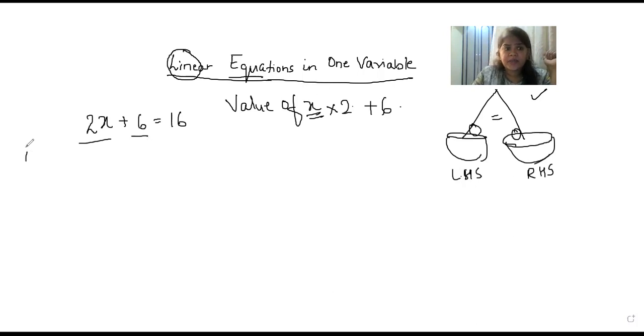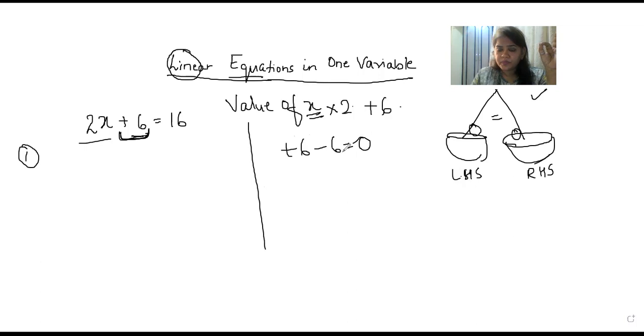So the first step is, if I have to remove the 6, I have to minus 6 because it's a plus 6. The 6 has been added. To remove the 6, I have to minus the 6. Why? Because plus 6 minus 6 gives me 0.